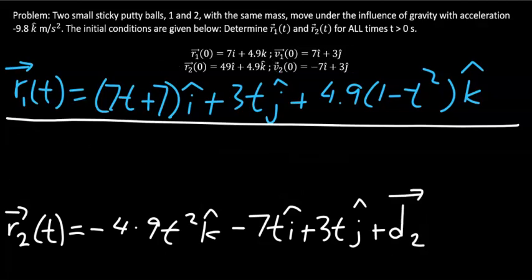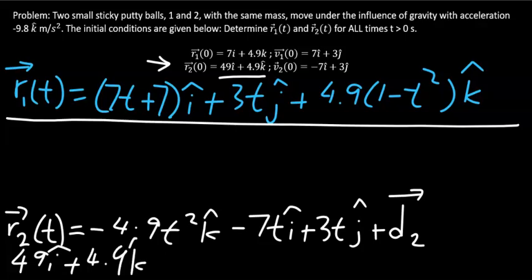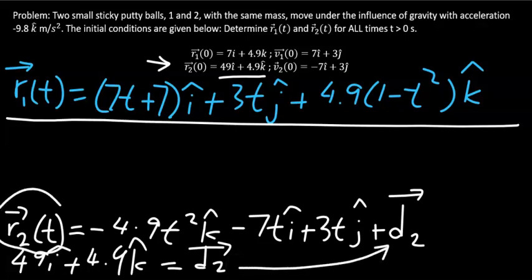However, we know that at t equals 0, r2 is given by that vector. So let's write that down. 49 i hat plus 4.9 k hat is your vector d2. Plugging this inside of that, we get a general form for that vector r2. Let's record that expression here.